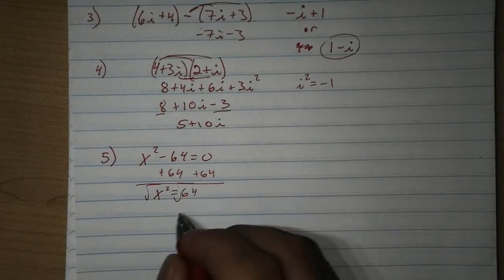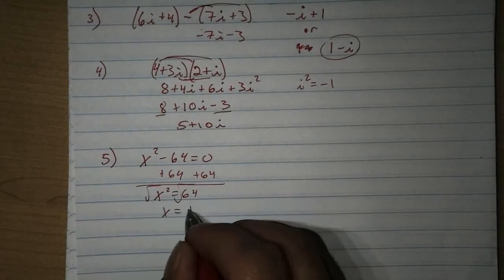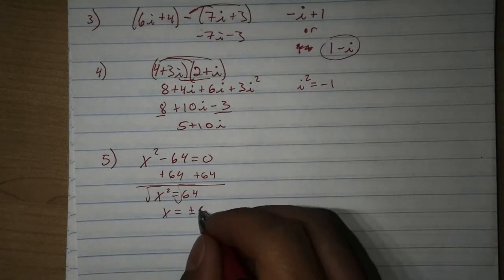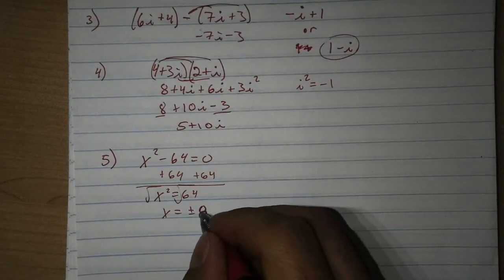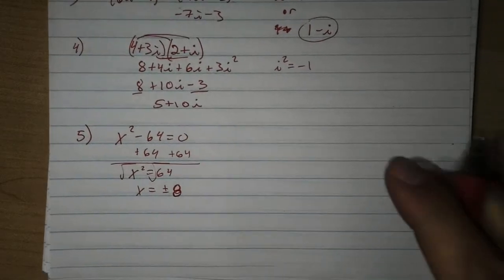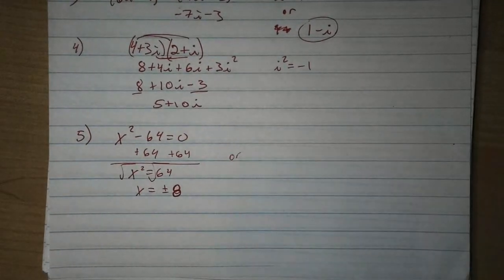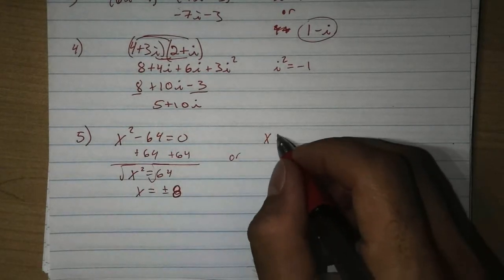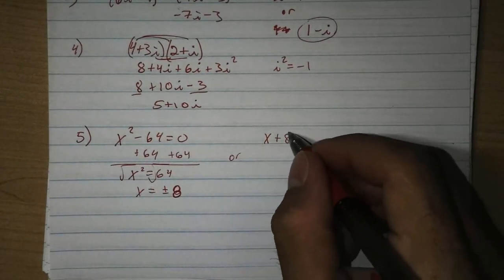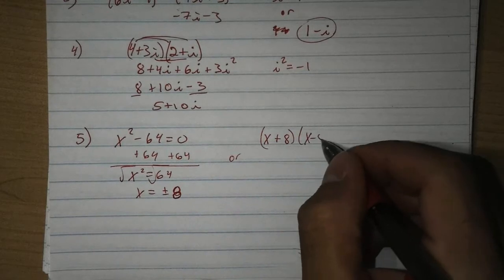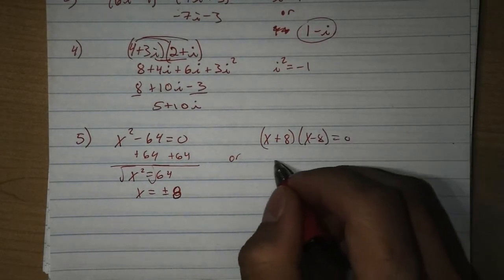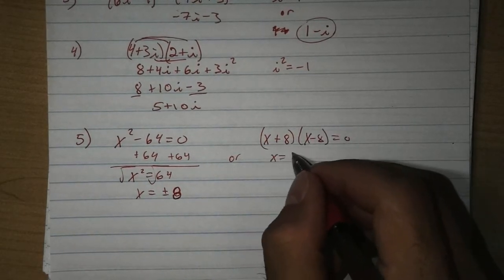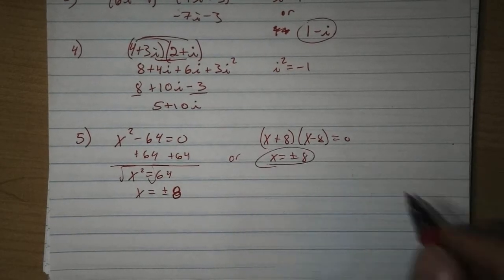Take the square root. Plus minus 8. Right? Or you factor. This factors to x plus 8, x minus 8. So when you solve both of those, we get x equals plus or minus 8, the same thing either way.